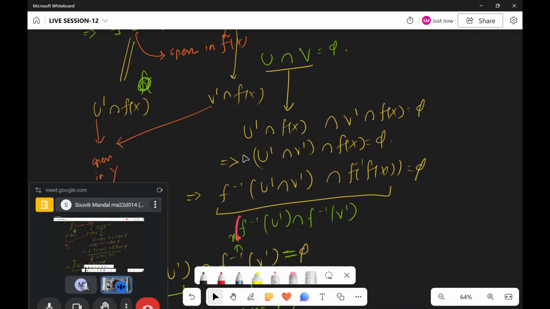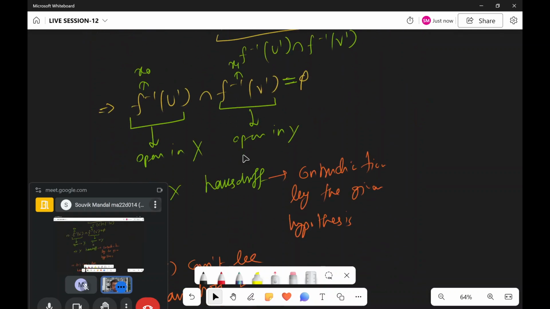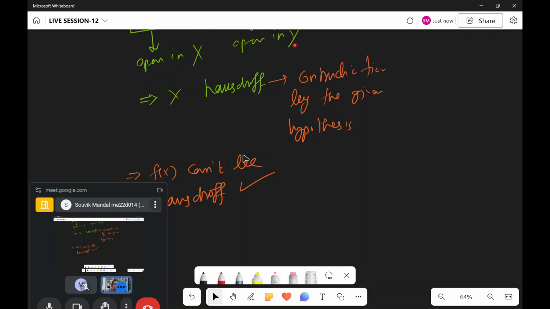This tells that f inverse U prime intersection f inverse V prime is empty, with the points containing x naught and x1, and f inverse U prime is open in X, f inverse V prime is open in X. So this states that X is Hausdorff, and this contradicts the hypothesis. This states that f of X cannot be Hausdorff. So that's what the argument is. I hope now it is clear to everybody.